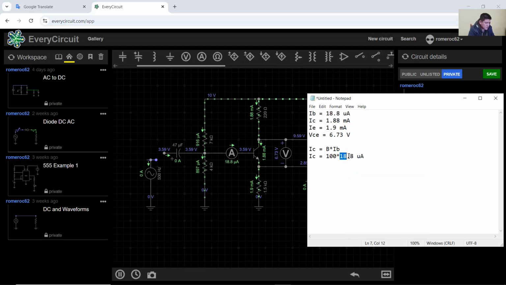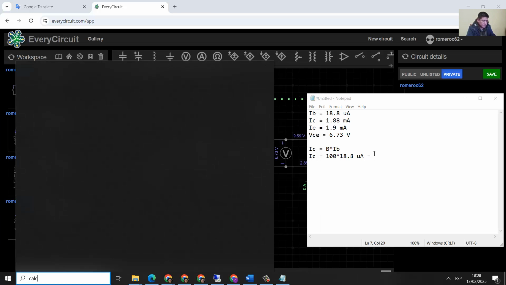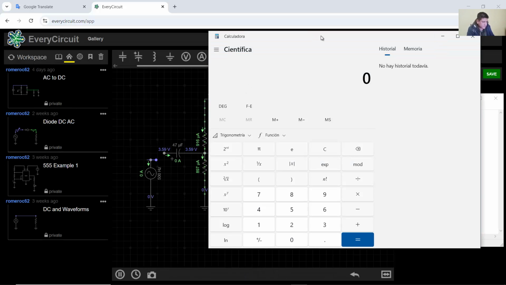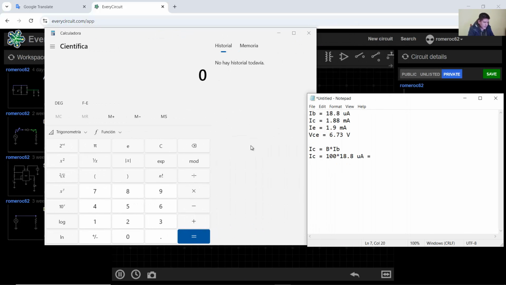Is 18.8 microamperes. So the result is 18.8 micro is minus 6.